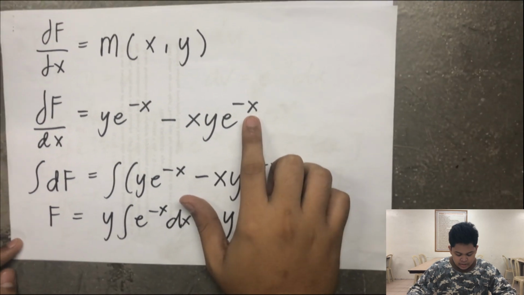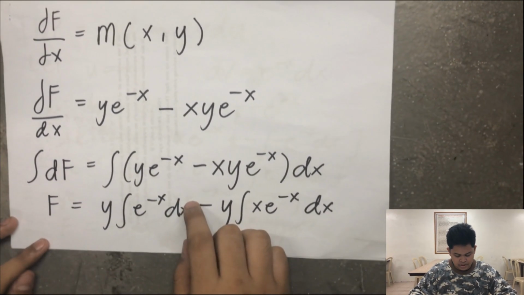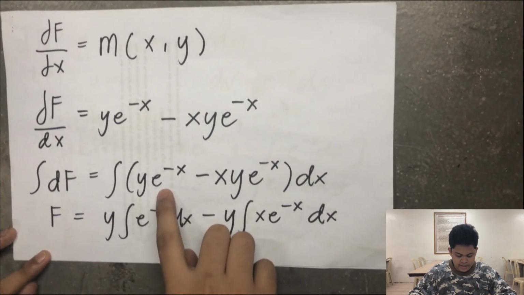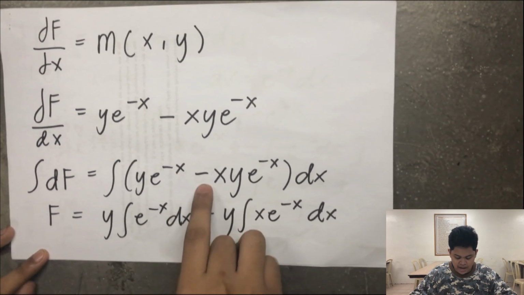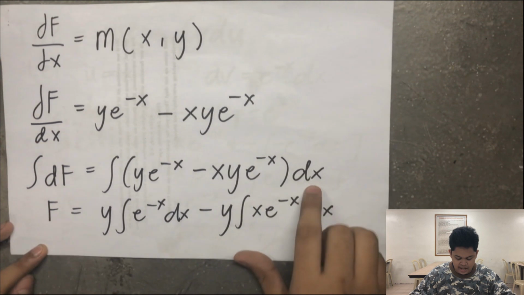Then we integrate this equation: the integral of y e raised to negative x minus xy e raised to negative x dx.